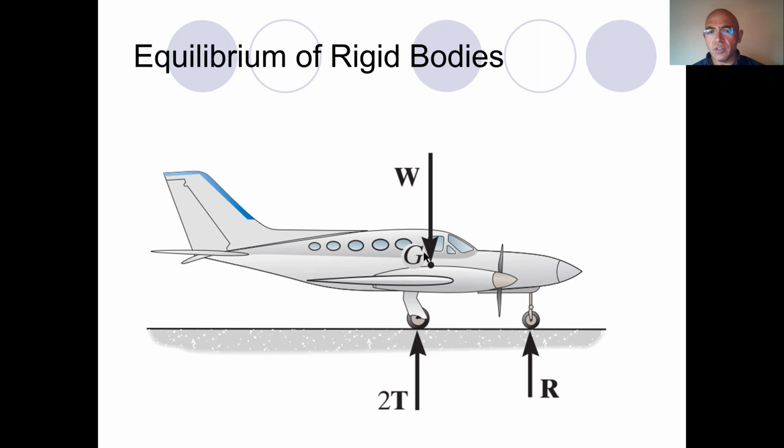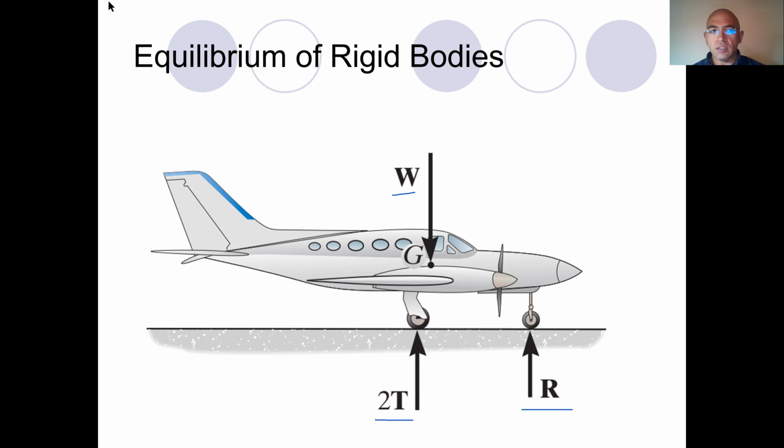For example, here we have an aircraft. Certainly it has a mass. Therefore, there exists a weight acting on it. Now, it is already landed, and certainly there will be some reaction forces. First of all, we have two reaction forces coming from the tires on the wings, and we have one reaction force coming from the front wheel of the aircraft.